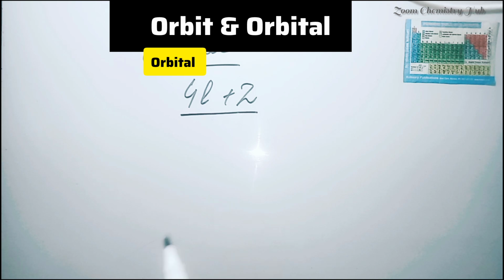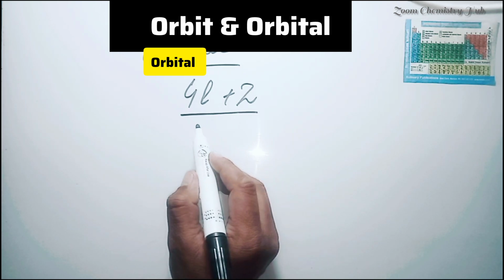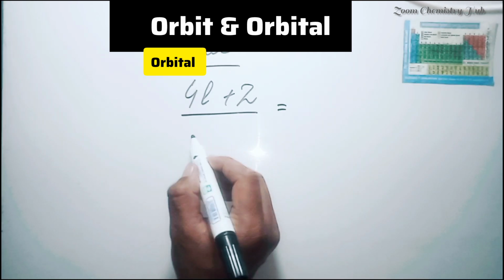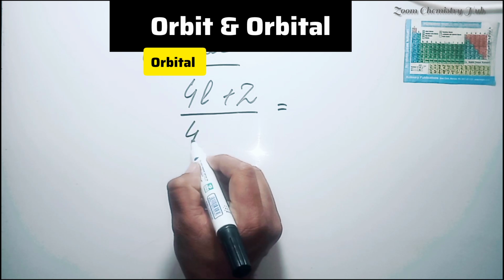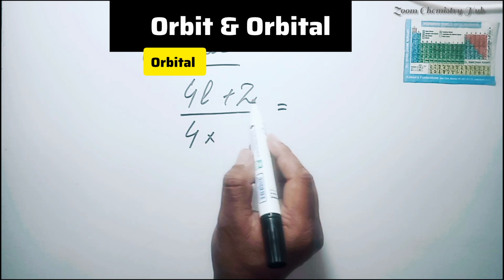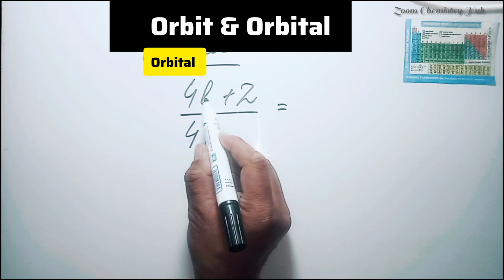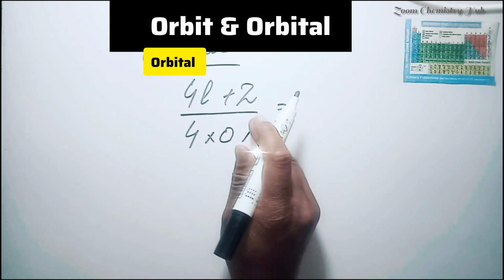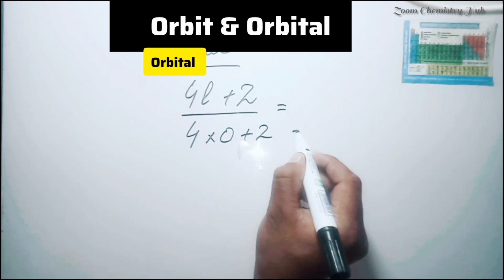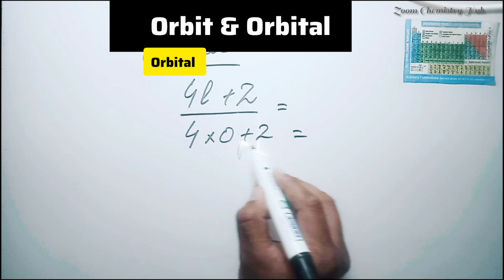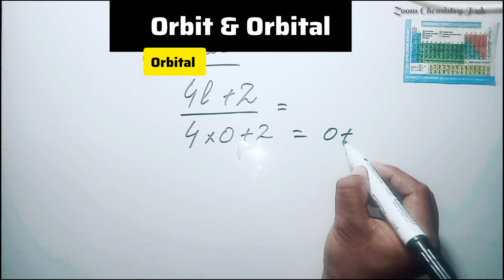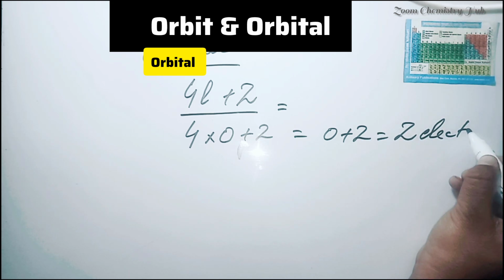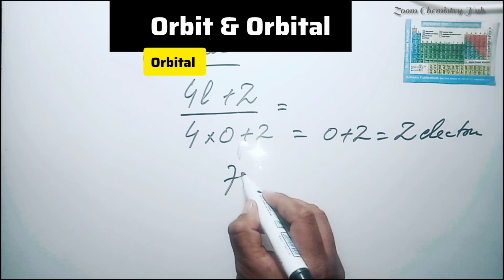For example, the s orbital has a maximum number of electrons according to this formula, that is 4 into the value of l, and the value of l for the s orbital is 0, so 4 into 0 is 0, plus 2, that is 2 electrons for the s orbital.